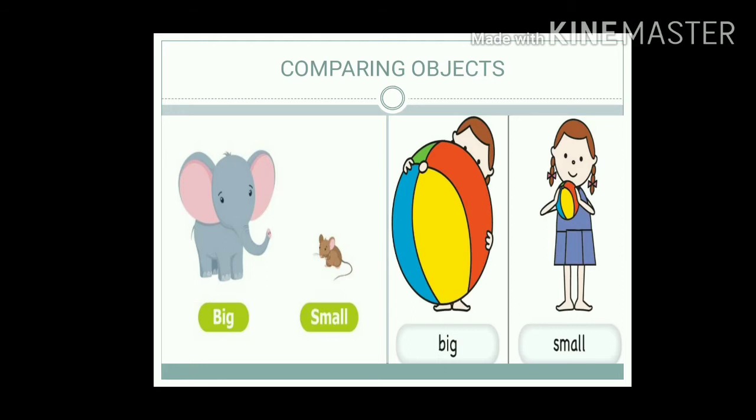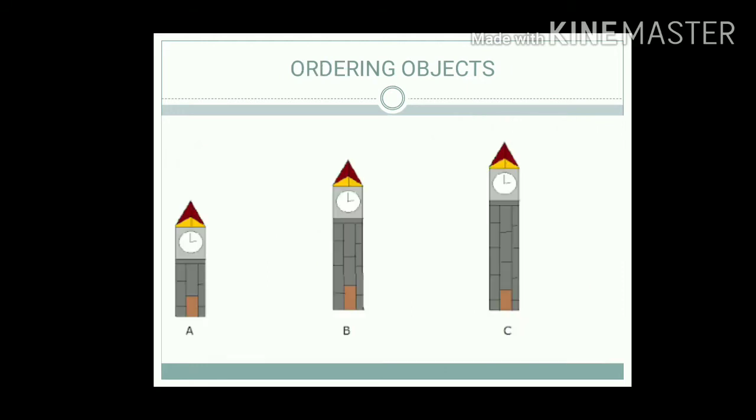Okay, so this is how you could compare two objects. All right, now we'll see how you can order objects. What is the meaning of ordering? See, children, the picture over here, can you see that there are three pictures kept in front of you, picture A, B and C? Picture A is little smaller than pictures B and C, isn't it?